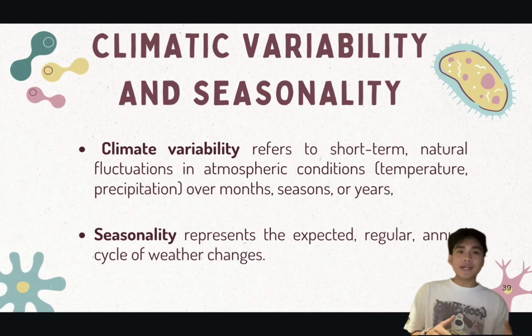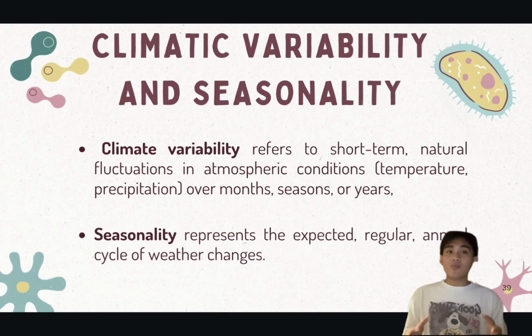These two factors act as temporally varying factors because binabago nila yung environment over time. Nagsishift sila from season to season na nagde-determine which resources ang available at tumutulong sa pag-decide kung ano bang species ang makakasurvive on that certain habitat in a certain community.